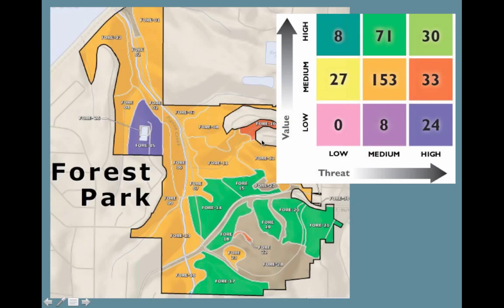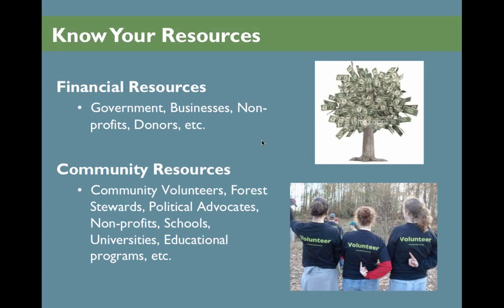So once we know the state of the forest, the next piece to the analysis is really looking at the financial resources. And we want to get a snapshot of what is the current capacity and future capacity to support restoration efforts.